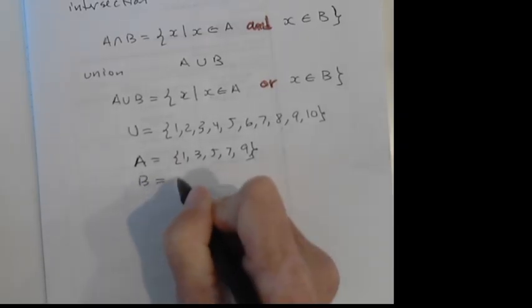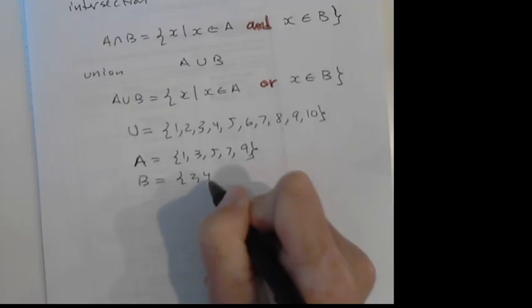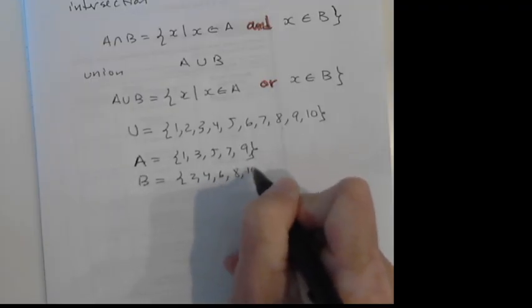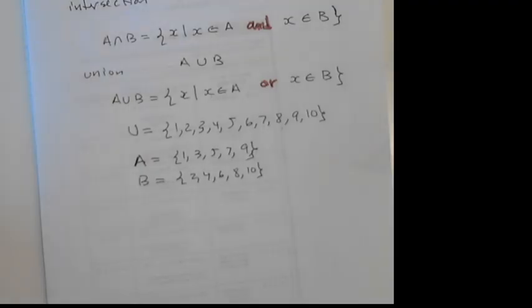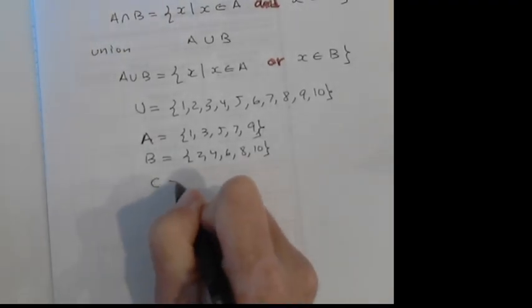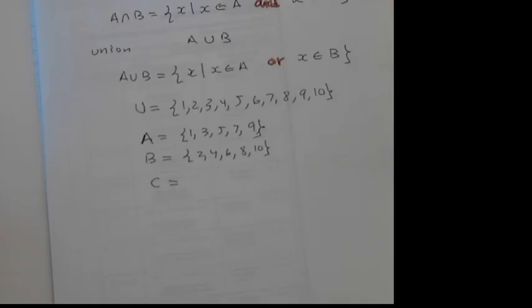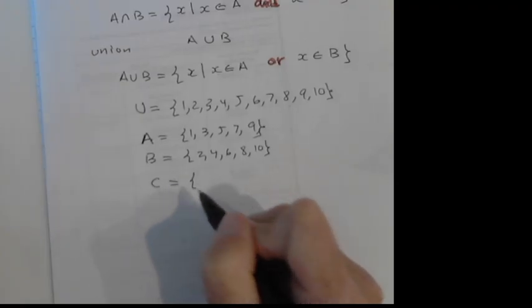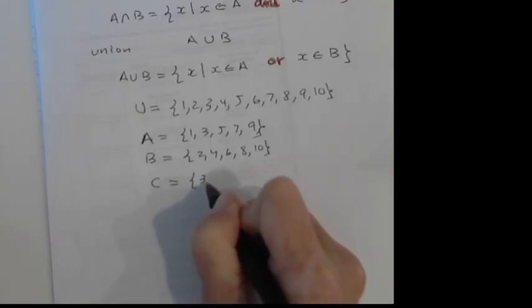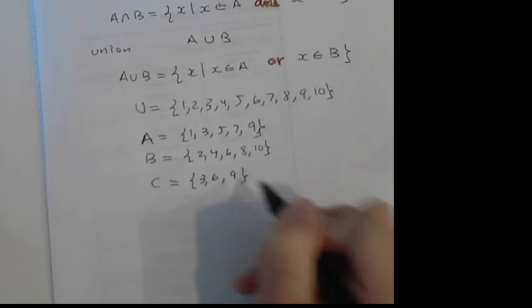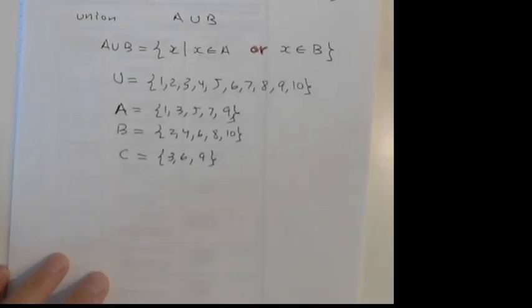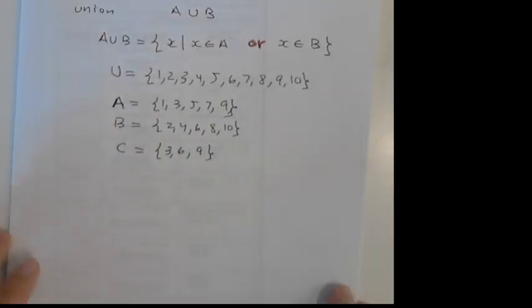B, I call it the even numbers. And C is going to be, let's say, numbers that are divisible by 3. So 3, 6, and 9. Just to do a couple of examples over here.